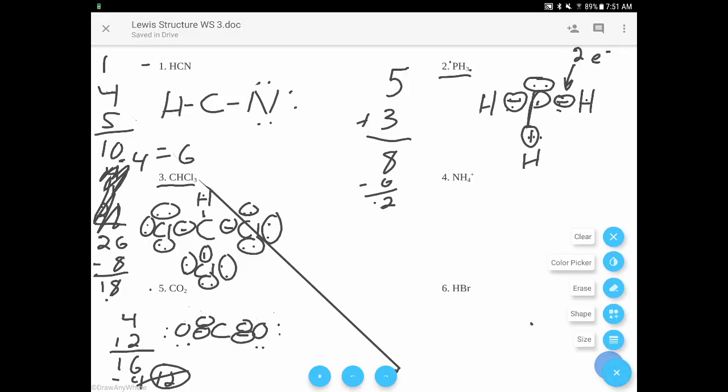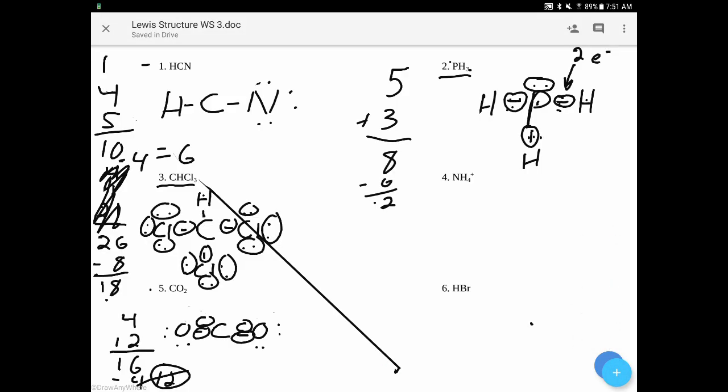So, again, what we're going to do, we're going to erase these 2 and put it as a double bond. So now nitrogen's still happy and carbon has 2 more electrons. But again, look how many carbon has. Carbon has 3 bonds around it, which means it has 6 electrons around it.